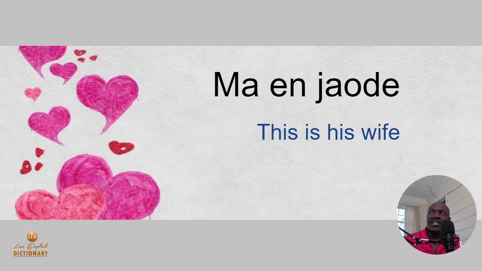If it graduates to a wife, and you're talking about someone else's wife, not your wife, you say ma en jaode. So that might just mean this is his wife. Jaode. So the ja, o, de.